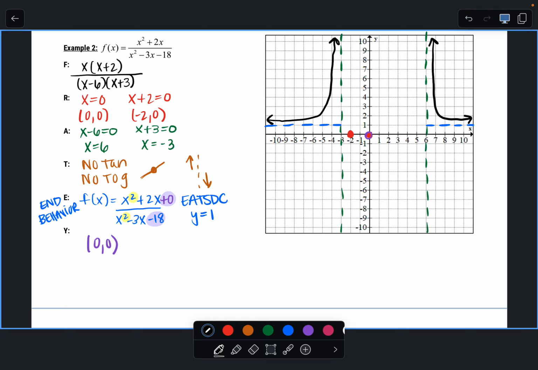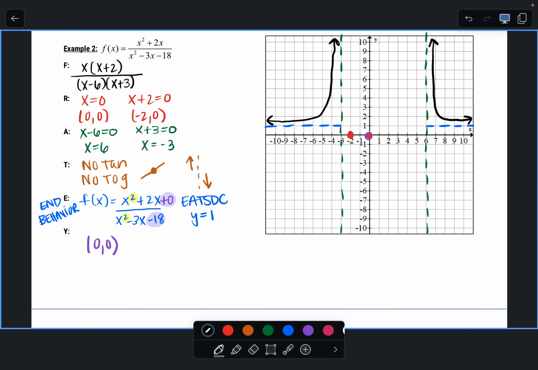So now, kind of going off of that, we said that they have to go in opposite directions at the asymptote. So if they're both going up, the other direction on the other side of the asymptote means that it has to be going down. So you're looking at these as individual asymptote directions.